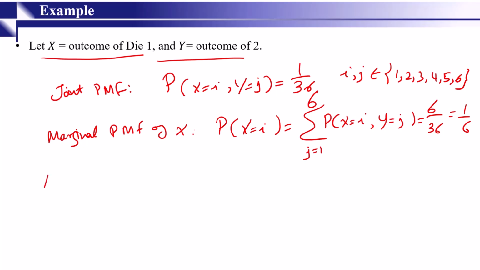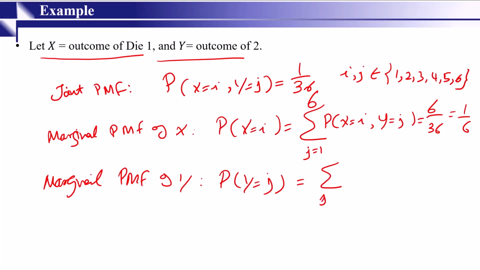And the marginal PMF of Y, probability of Y equal to j, is equal to the sum over i from 1 to 6 of the probability of X equal to i and Y equal to j, which is equal to 6/36, which is equal to 1/6.